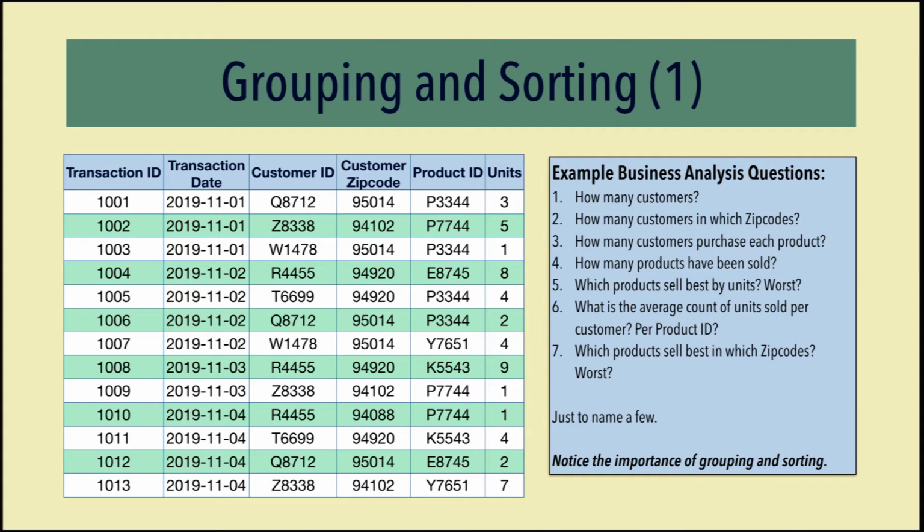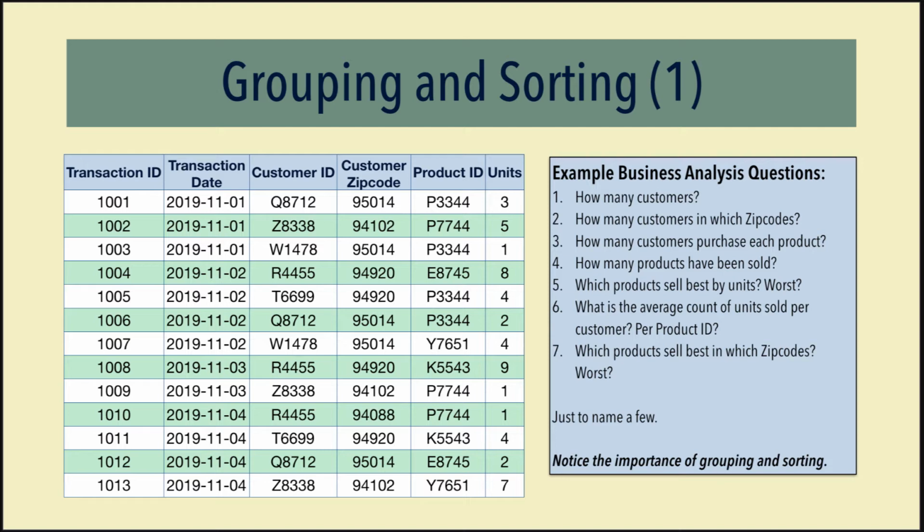Which products sell best by units? Worst? What's the average count of units per customer, per product ID? Which products sell best in which zip codes? Which sell worst in which zip codes? And that's just to name a few of the many, many kinds of questions we might ask on something as simple as one small data set.